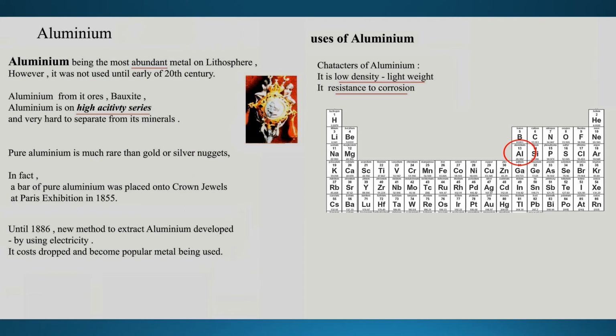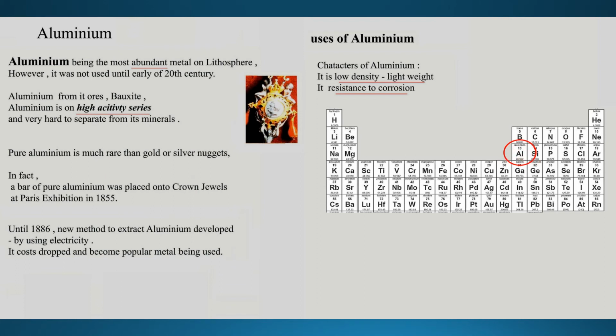If you look at aluminium, aluminium has one special property most metals don't have. It is light. It is in period 3 and the weight is 26.